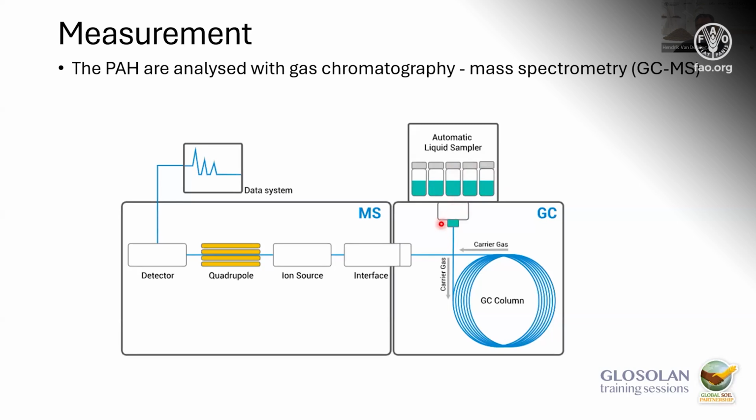The samples are injected in the injector of the gas chromatograph and the PAHs are separated on a GC column. After separation, the components come into the MS via the interface. They are ionized in the ion source, and then the mass selection happens by a quadrupole. Finally, we have the detector and the data system.